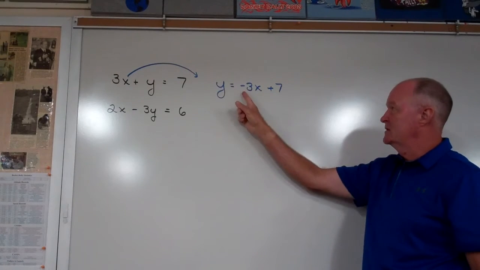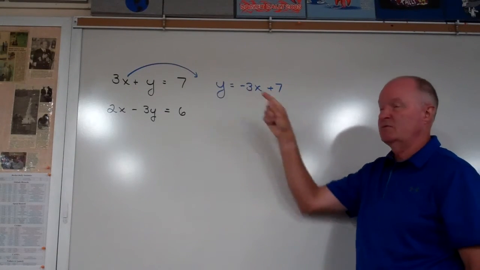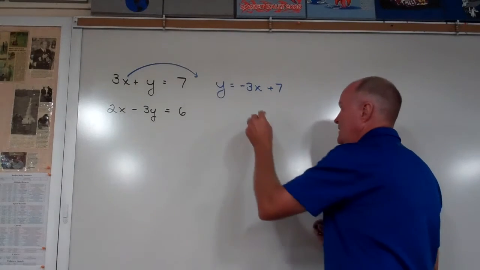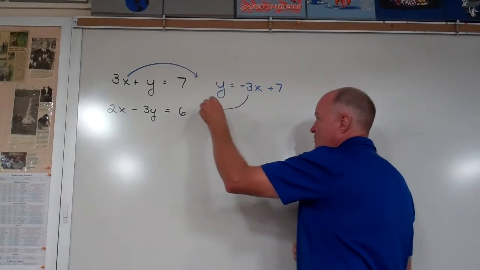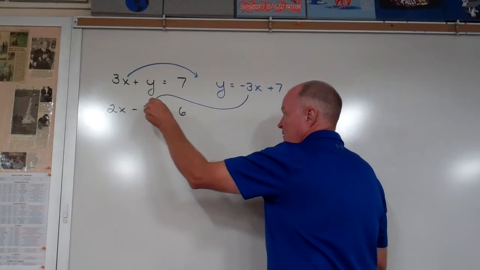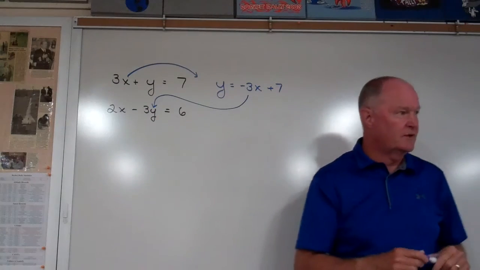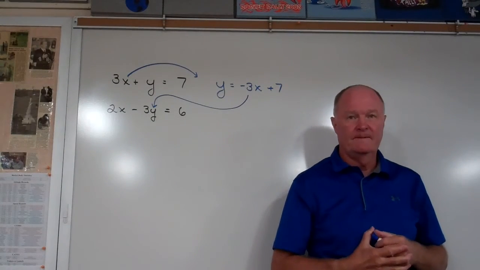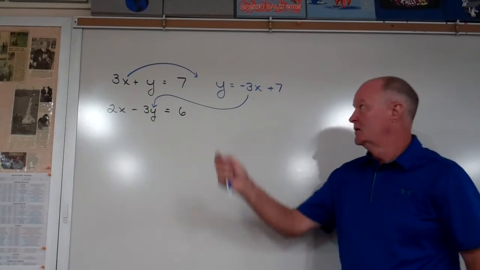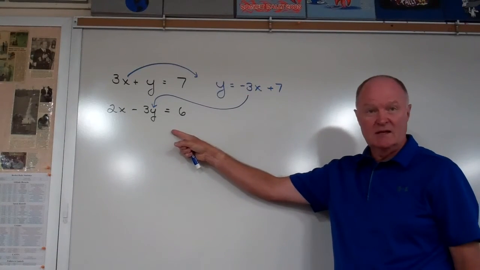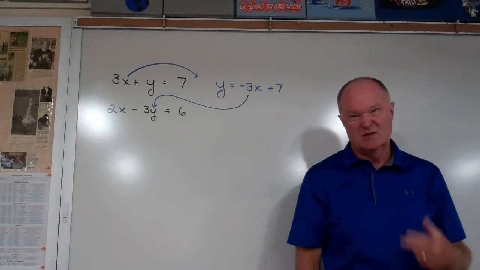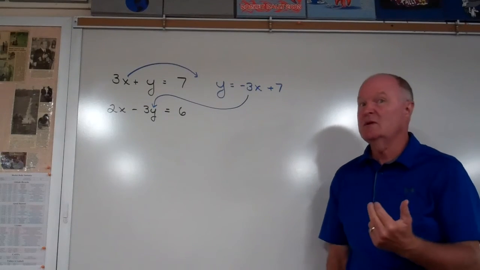So when y equals negative 3x plus 7 in the first one, that means that I'm going to take this and substitute it into y for the other one. Wherever I see the y in the second equation, I'm going to put it in there. Doesn't always have to be y equals, it could even be an x equals.